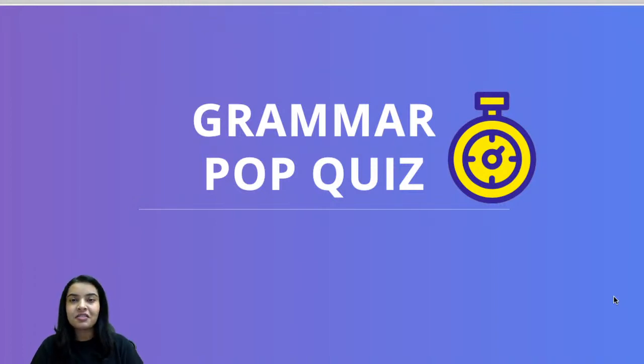I don't want to give you more time to think. The whole point of this exercise is to make you sharp in understanding that word, how it is behaving and what the role of that word in that sentence is.